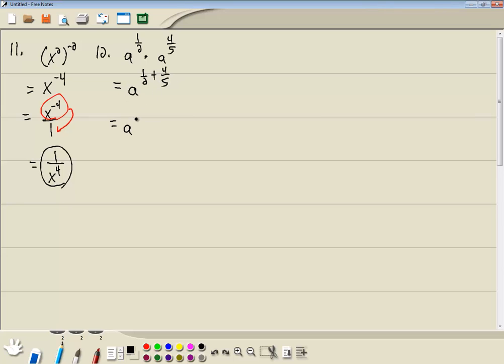And 10 would be our common denominator. So I'm going to rewrite each fraction with that new denominator. Now my first fraction, I multiply the bottom part by 5, so I have to multiply the top part by 5. On my second fraction, I multiply the bottom part by 2, so I multiply the top part by 2. And at that point, once I have the same denominator, I can add together the top parts. 5 plus 8 is 13. So we're going to have a to the 13/10 power.